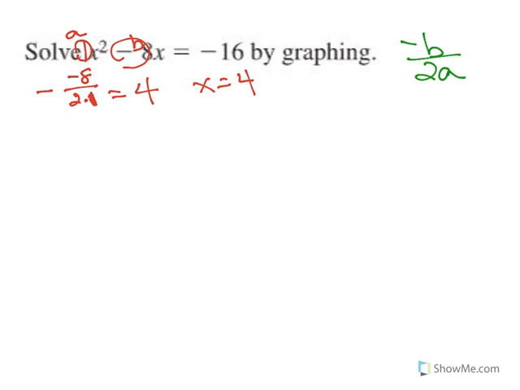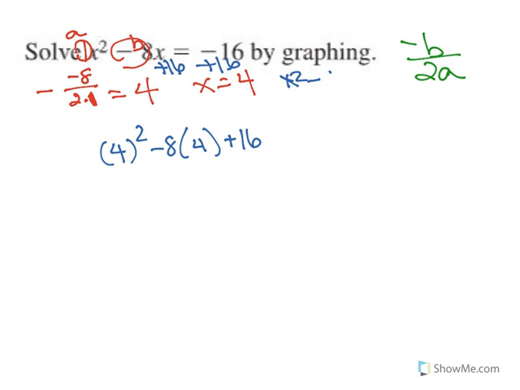Okay, so let's put that into our equation here. So 4 squared minus 8 times 4 plus 16. Hold on, let me back up because I didn't actually do that, did I? To make our new equation, sorry. Plus 16, there we go.